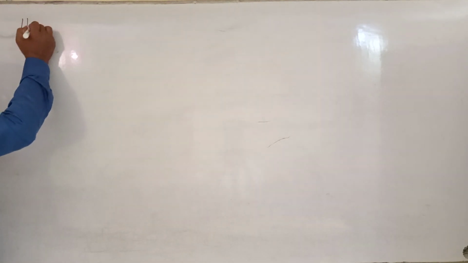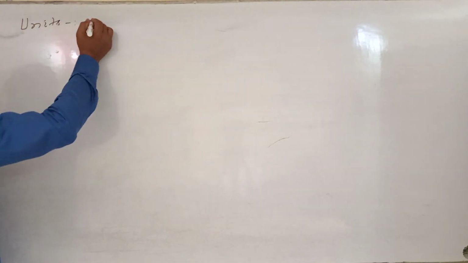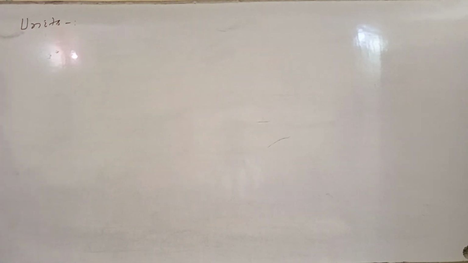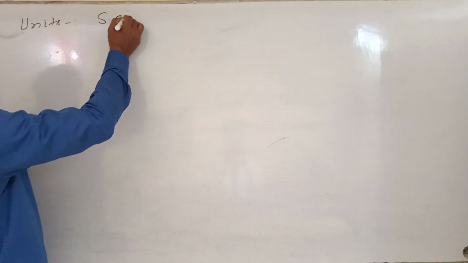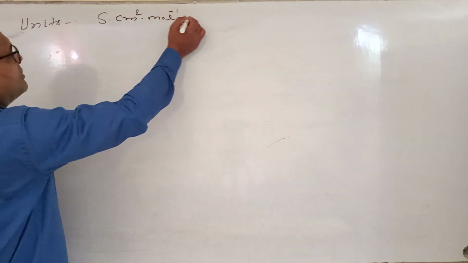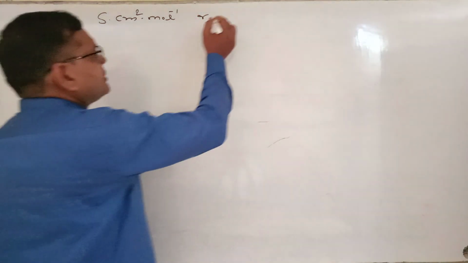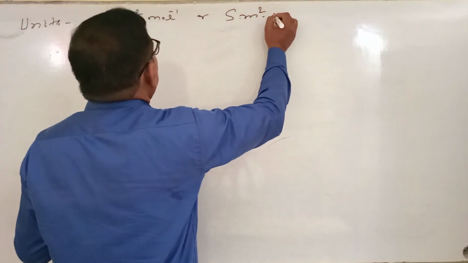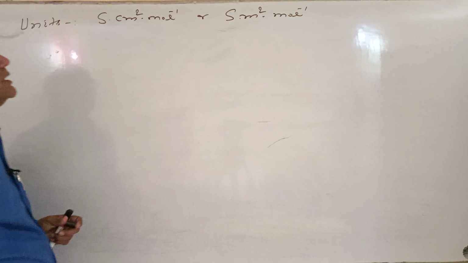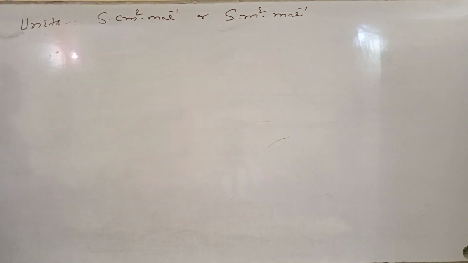The units are Siemens cm square mole inverse, and in meters, Siemens meter square mole inverse. These are the units of molar conductance or molar conductivity. This unit is famous for objective questions.